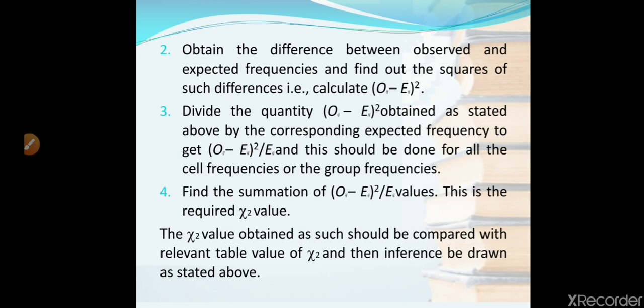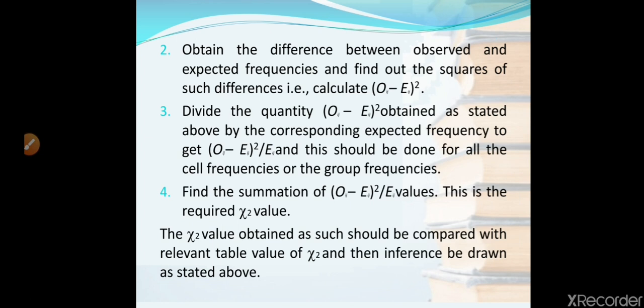The second step is to obtain the difference between the observed and expected frequencies and find the squares, (O minus E) squared. Then divide this quantity by the expected frequency, (O minus E) squared divided by E, for all the values.